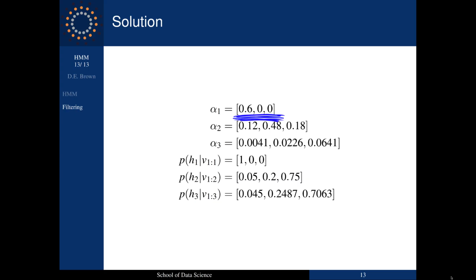Because remember that this is the joint probability that at time 1, the burglar is in room 1 and the alarm has gone off in room 1. And we know that the probability that the alarm goes off, given that the burglar is in room 1, is 0.6 by our observation matrix.